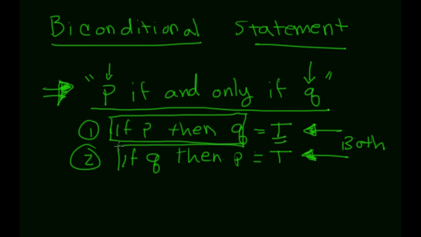And if tomorrow is Wednesday, then today is Tuesday, is true. So then we can legitimately say that today is Tuesday if and only if tomorrow is Wednesday. Okay, so that gives me an example of a biconditional statement that is true.